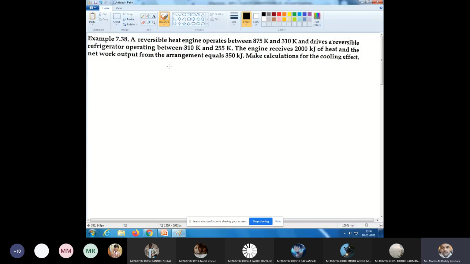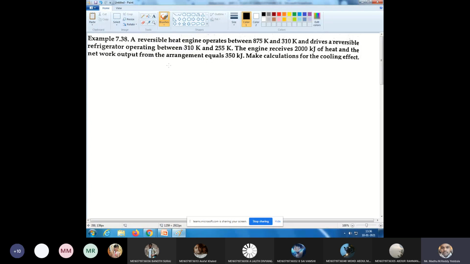Next. A reversible engine operates between 875 Kelvin and 310 Kelvin, and it drives a reversible refrigerator operating between 310 and 255 Kelvin. The engine receives 2000 kilojoules of heat, and the net work output from the arrangement equals 350 kilojoules. Make calculations for the cooling effect.